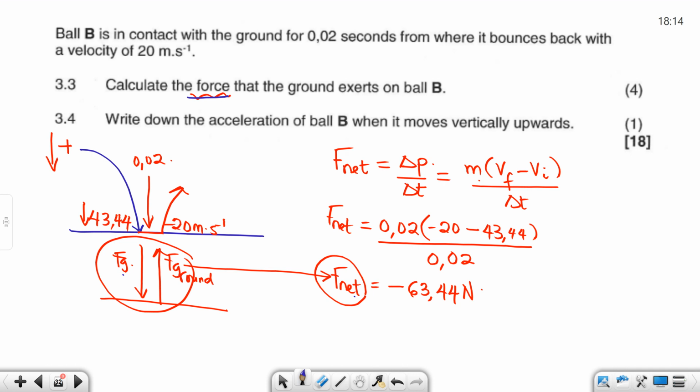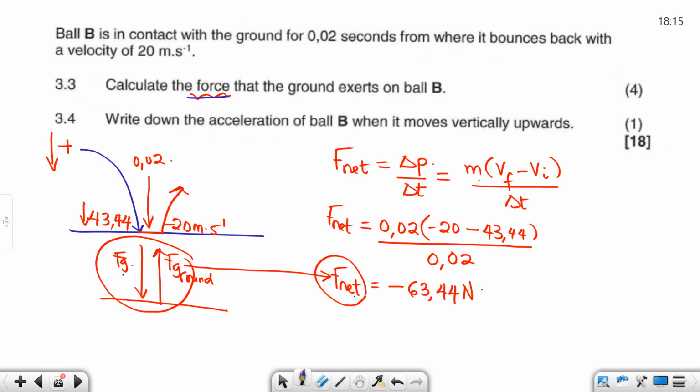Number two, it is an inelastic collision. There was a loss of speed. It hit the ground at 43,44 and bounces back at 20. It means some of the impact was lost. It's not an isolated system anymore. Some of the energy was lost. How would you know the ball hit the ground? Vibration, sound. So all of those things make up your F net.